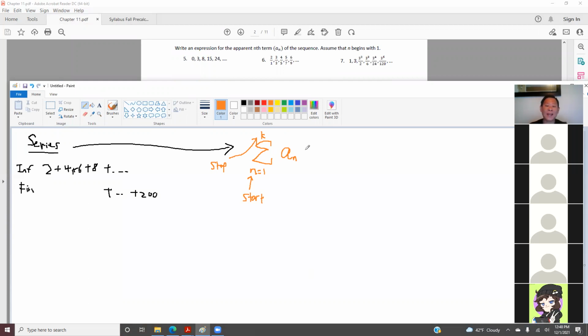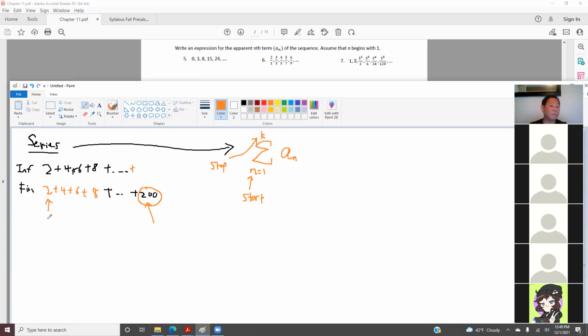So you have to put that AN series over here, and you have to give me this big summation, and it's telling us where do you start. Usually we start from 1, and where do we stop? So let's say that you want to add this all the way till 200. So if you add 2 plus 4 plus 6 plus 8 plus all the way till 200, can you tell me what count do we stop?